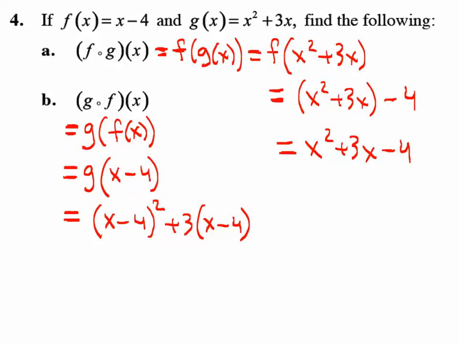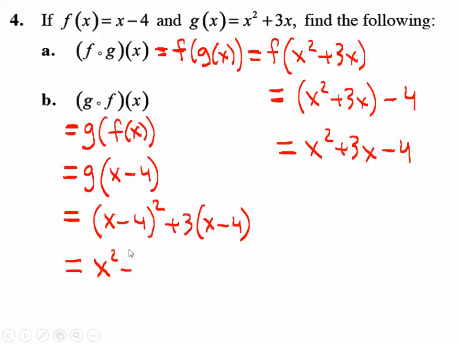Okay, I got to do some work here. I've got x minus 4 times itself, so I've got to FOIL that out: x minus 4 times another x minus 4.